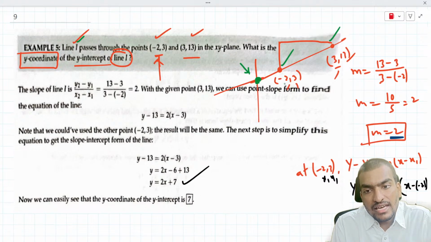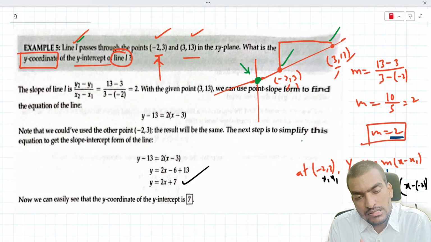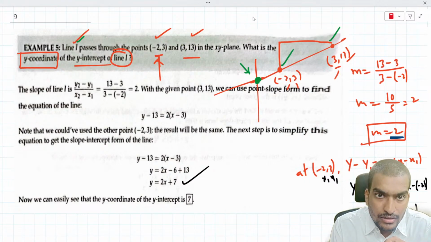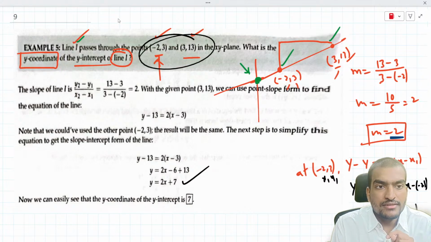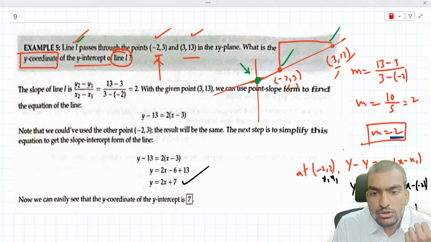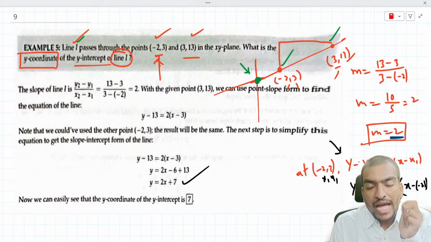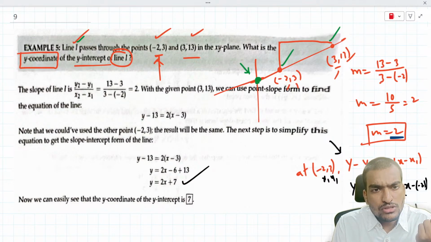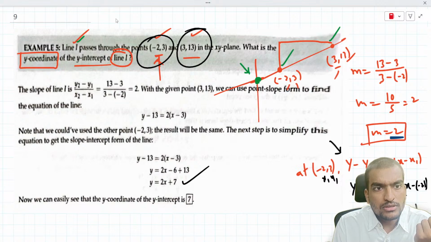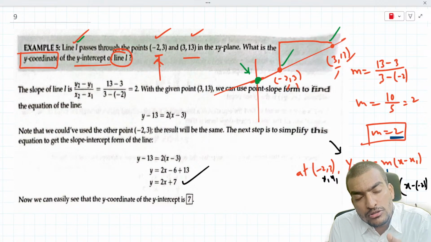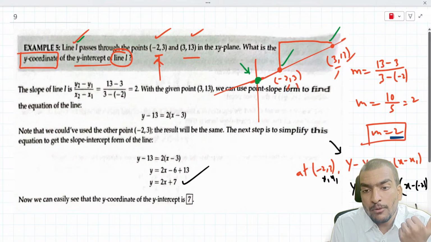To know the line, there are two ways. One is slope-intercept form, one is point-slope form. But here, they're given points. When they're given points, we use point-slope form because we have a point in hand, any point. You can use this first point or you can use the second point. And because they mention 2 points, with the help of 2 points, you get a slope.